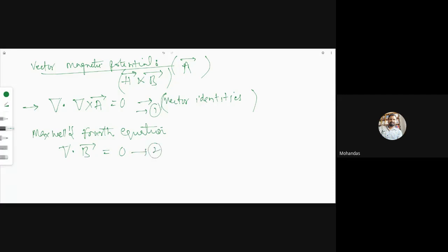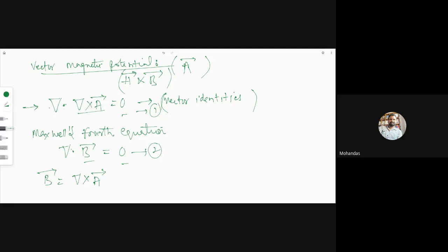From these two equations, if you compare, the RHS is 0 and del dot is common, and we have del cross A and B. So by comparing LHS and RHS, can I write B equal to del cross A?